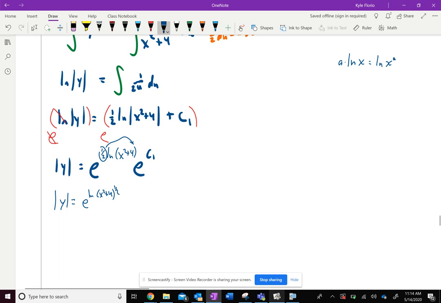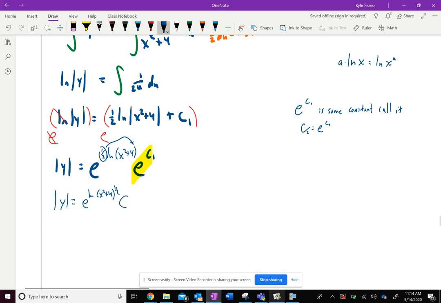And e to the c1, so e is a constant, and I'm raising it to a constant. So e to the c1 is just some constant. We'll call it C2 because I think we're going to have to do this again.